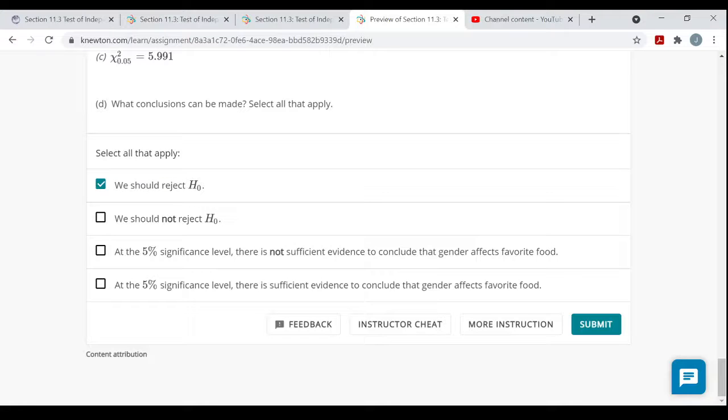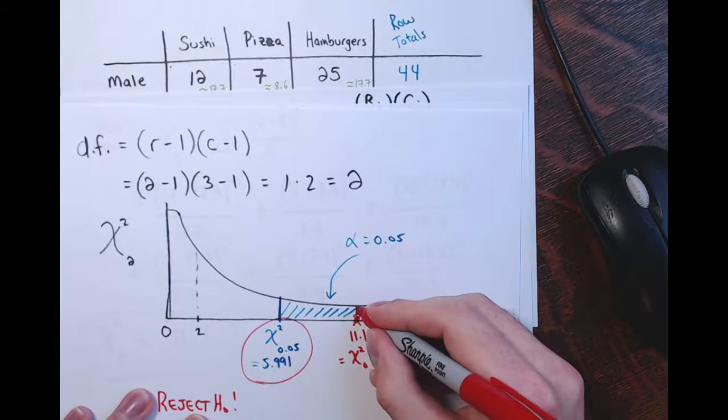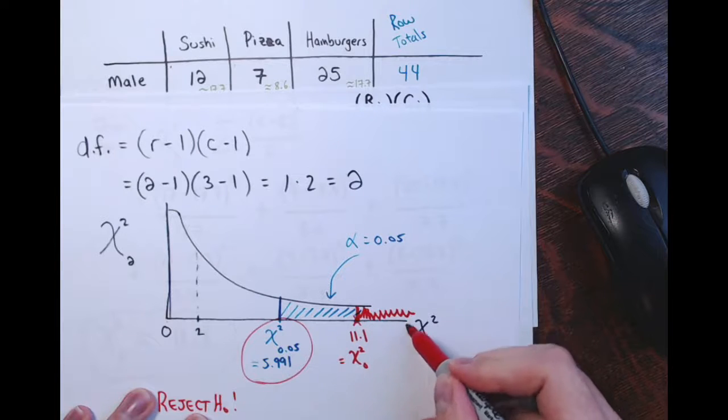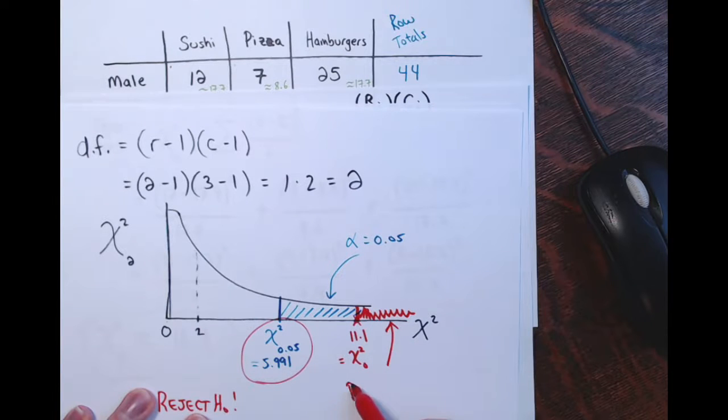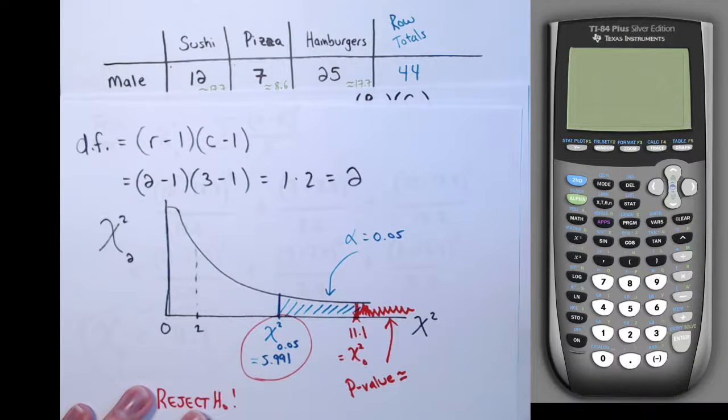You could have also used the p-value method. Remember the p-value, being a right-tailed test, would be the area to the right of the test statistic. And the p-value is actually given to us from the calculator when we run that chi-squared test with that matrix of observed values. It goes stat, tests, just down to C, the chi-squared test.